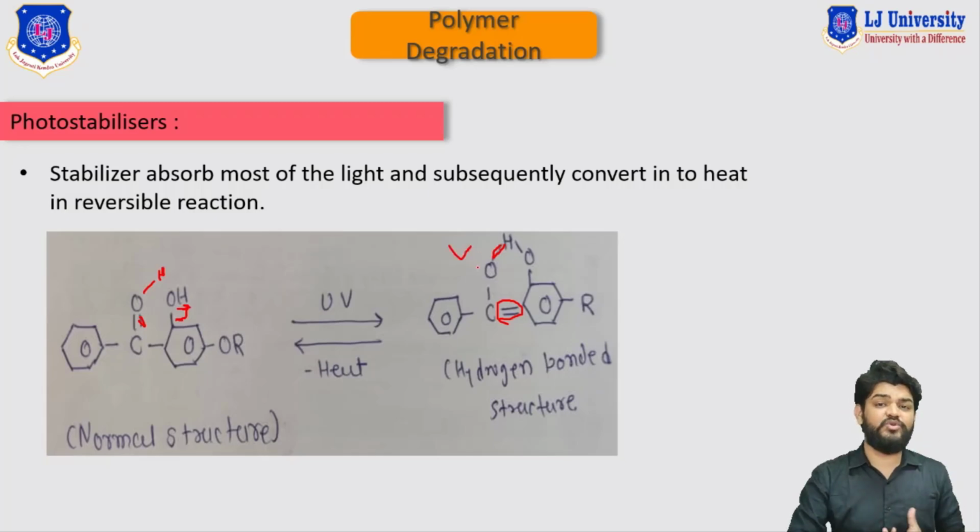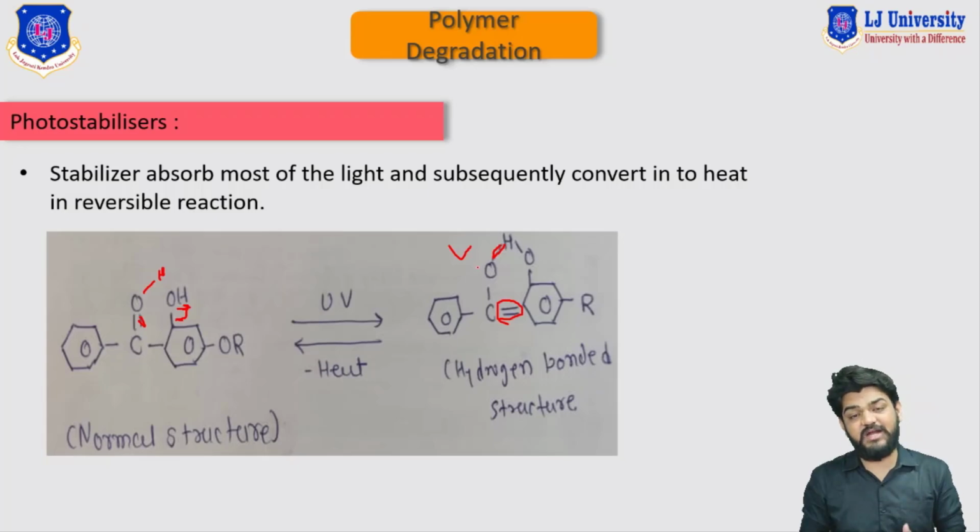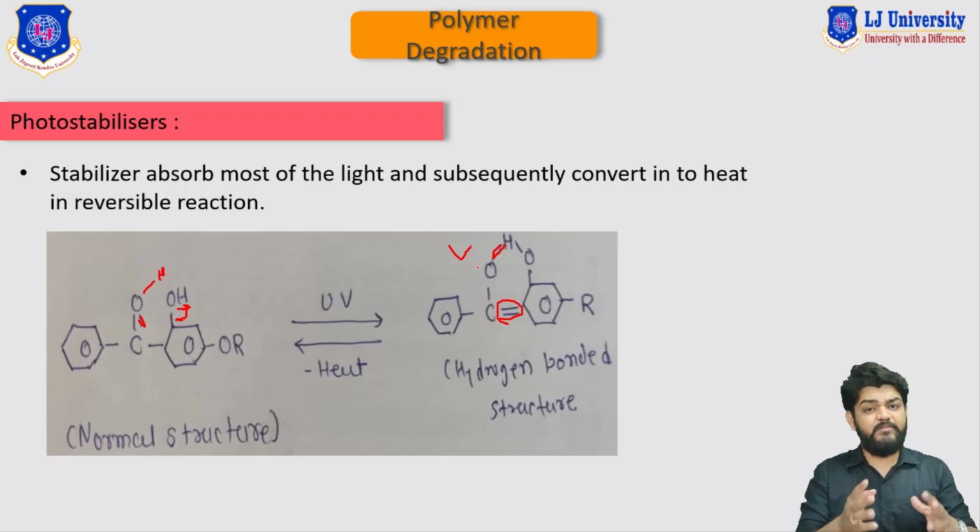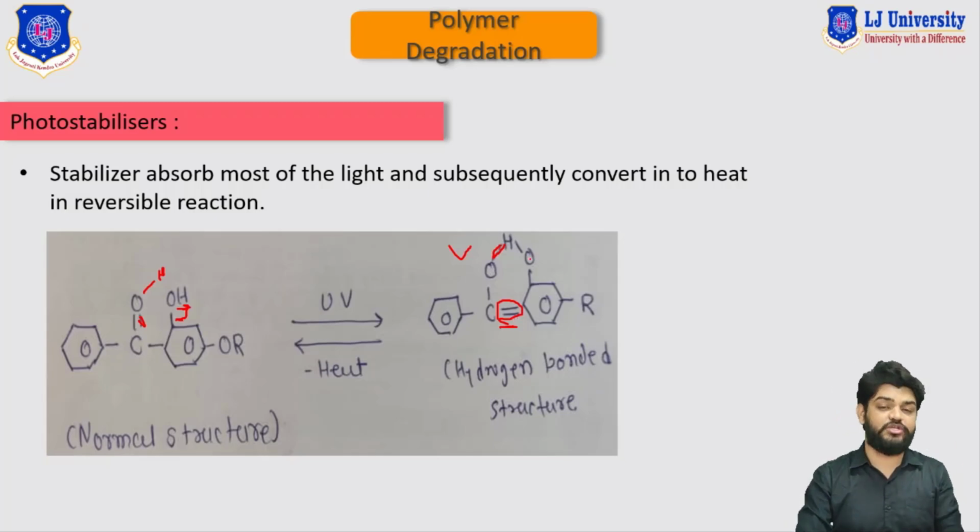So this is what actually happens when this ultraviolet radiation falls on the stabilizer. The double bond of the ketone group breaks up and one hydrogen is liberated, and a new double bond is formed between the carbon-carbon bond like this. As you can see here, this is the double bond which has formed because of the UV radiation, and one hydrogen is linked with the oxygen group.